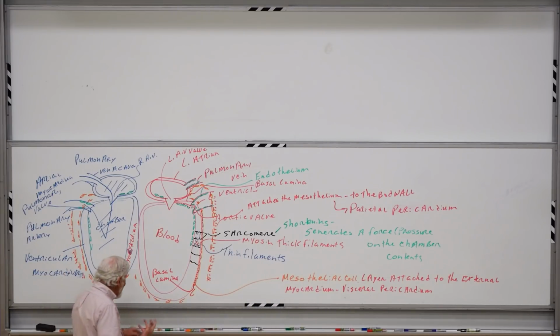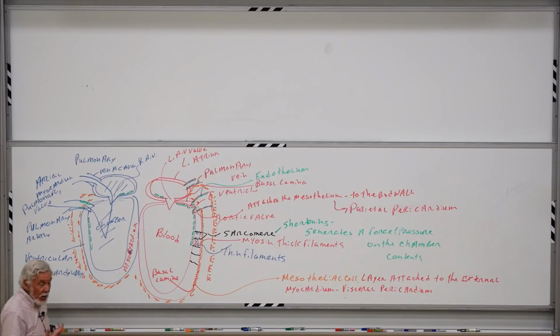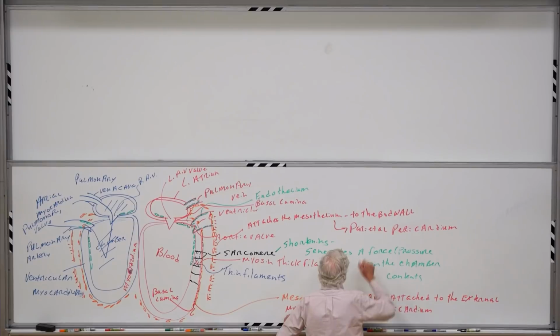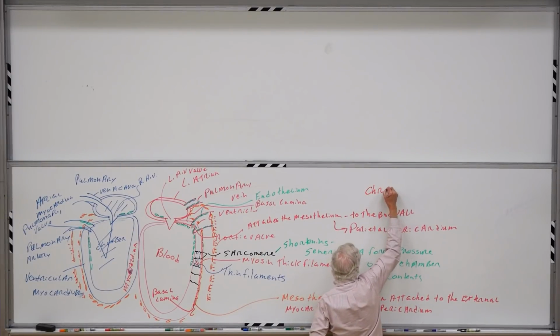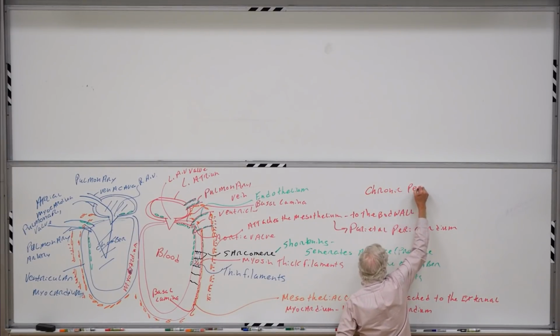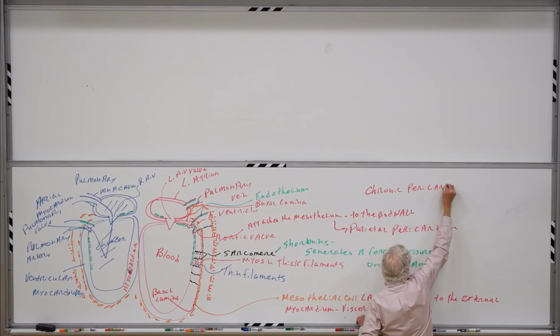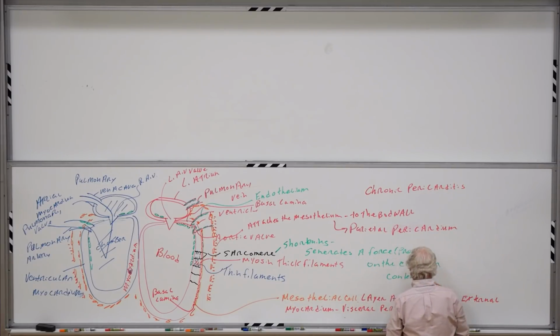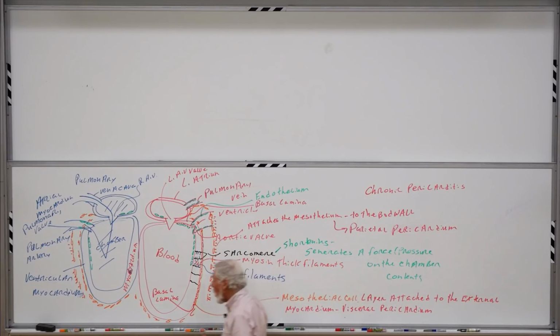Well, in some cases, there is pathology that develops here. And the pathology is sometimes known as chronic pericarditis. Now, I bring this up not so much to point out the pathology of the heart, but to point out how the heart works.